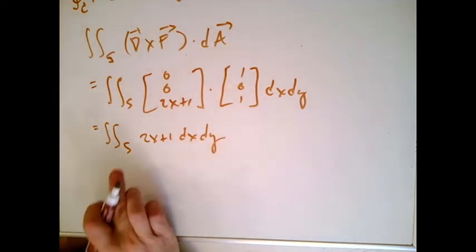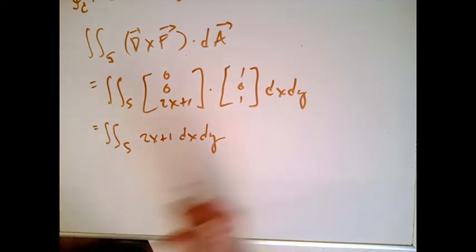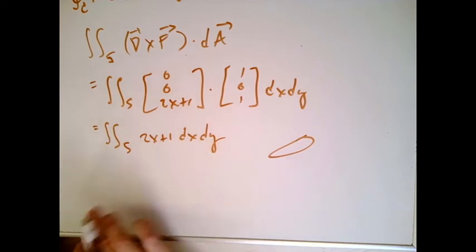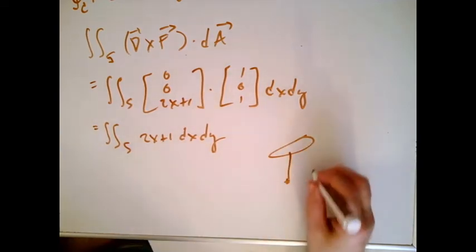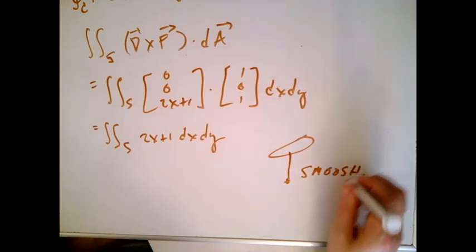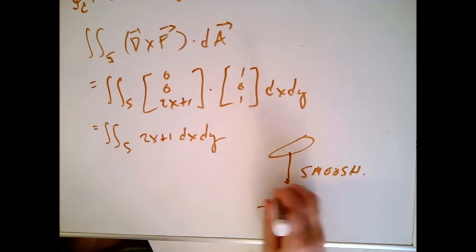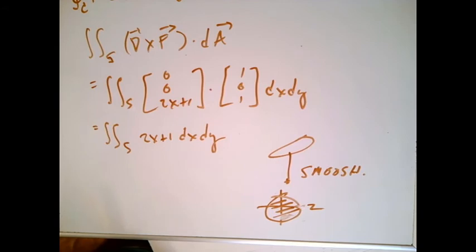However, S is still that circular chop that's going like this up in space, and we're only allowed to use x's and y's. So what we need to do is look at the smooshing of that down to the xy plane. And we knew we were hitting x squared plus y squared equals 4, so we know the shadow is just going to be that disk in the xy plane of radius 2.